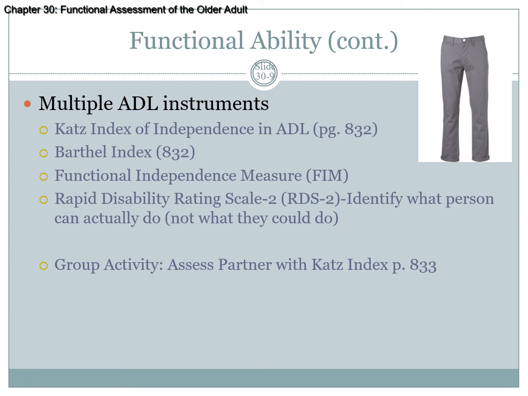And then some other assessment tools that are utilized would be the Functional Independence Measure tools that we use, the Rapid Disability Rating Scale that's also utilized, or the Barthel Index.